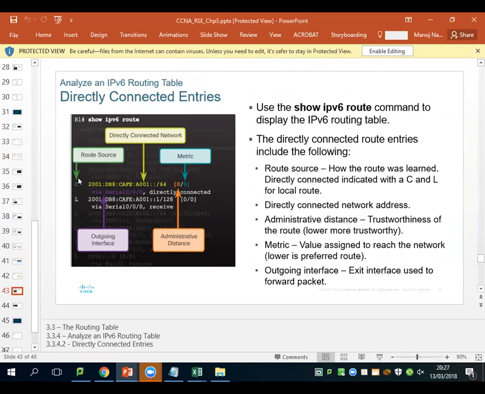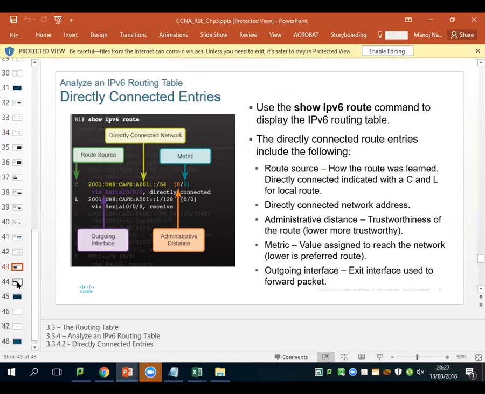C and L are connected and local routes. You've got your address there of the network. You have your admin distance again, and your metric. Lower is more trustworthy in all cases. Then you have your interface at the bottom there, which is used to forward the packets. That's how you take apart the IP version 6 table.